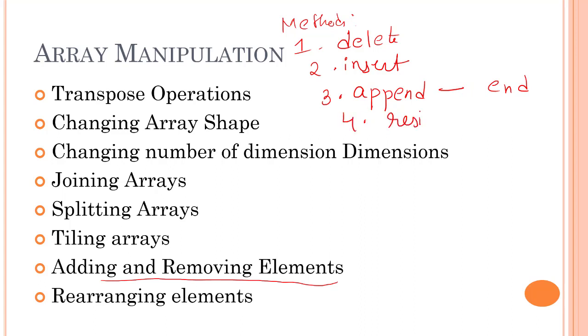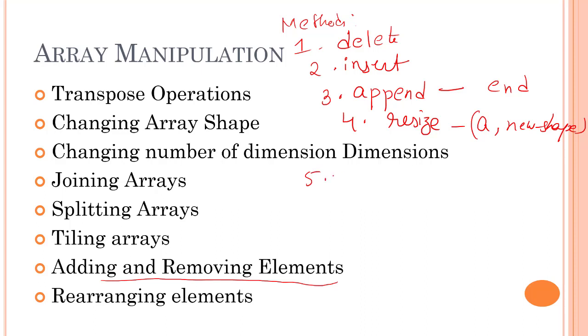Then the resize method. If you want to resize an array, suppose you have one size A and you want a new shape, you can use the same format: resize A comma new shape, and your size will be changed.